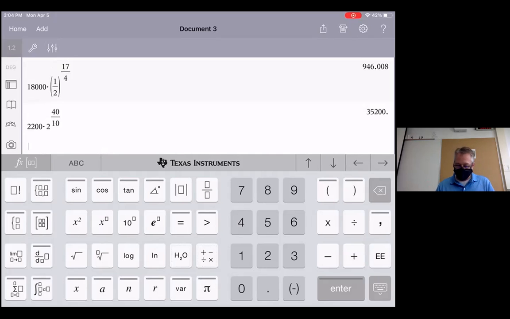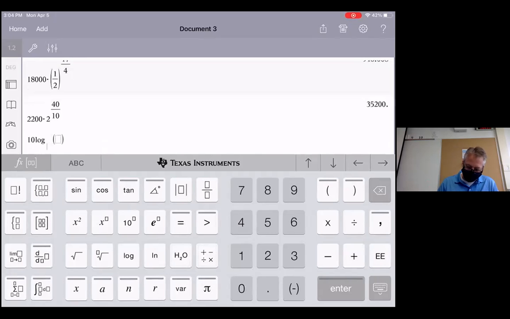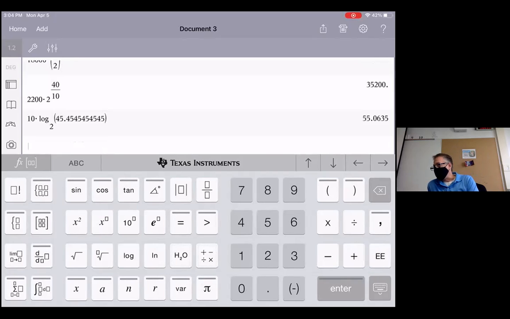We actually take the 10 and write it out front. So we would write 10 log base 2 of 45. And so that would be our time. That's how long it takes for 100,000 to be in the Petri dish.